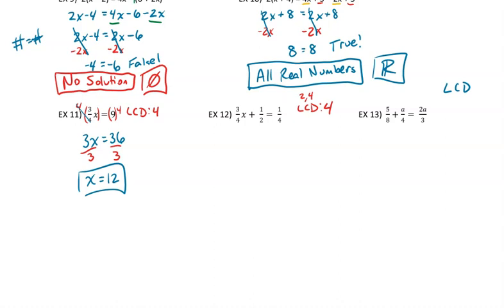So we're going to take that number, and this time we're going to multiply it by all of the fractions. So every single term in this equation is going to get multiplied by 4. Okay, so for the first one, that one's nice and easy because 4 and 4 again cancel out. We're left with 3x.